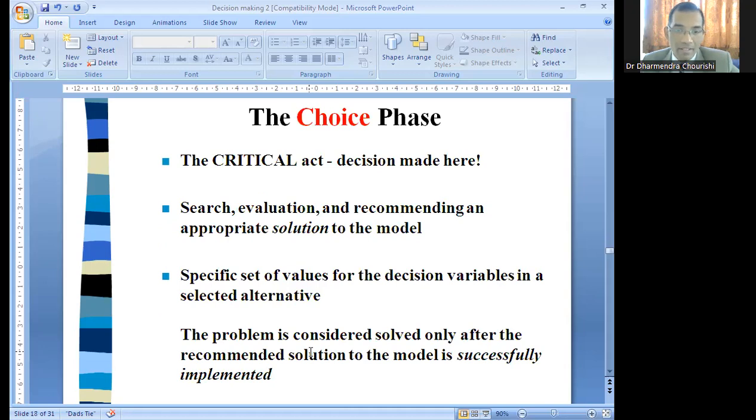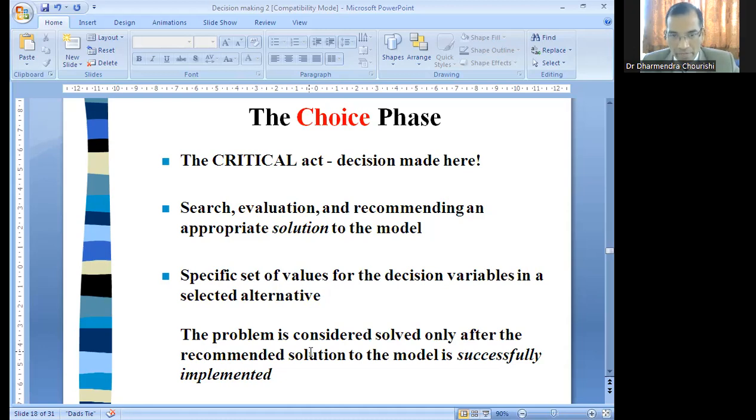Choice phase. We can go for the choice phase if we have some alternatives, some options. It is the critical act in a decision making system. Search, evaluate, and recommend an appropriate solution to the model in the choice phase. As we talked about DSS in my first lecture, DSS will provide you some options, some alternatives, some possible solutions to a particular problem.